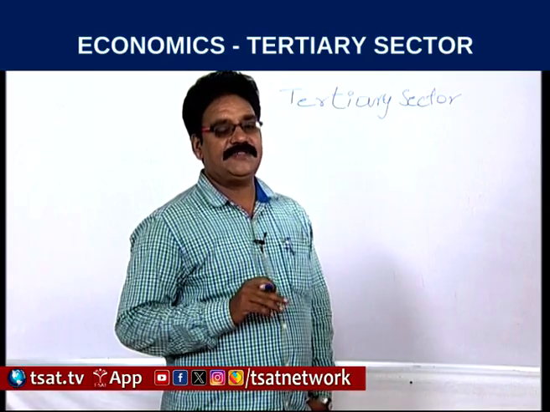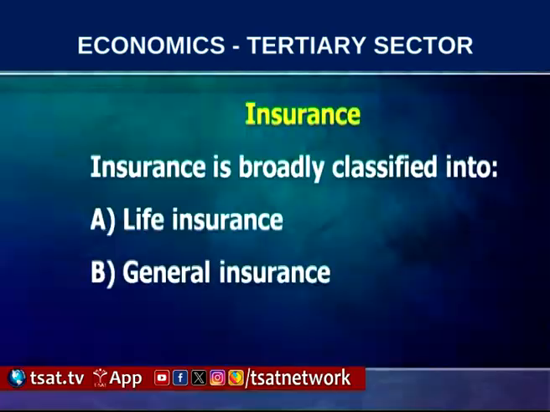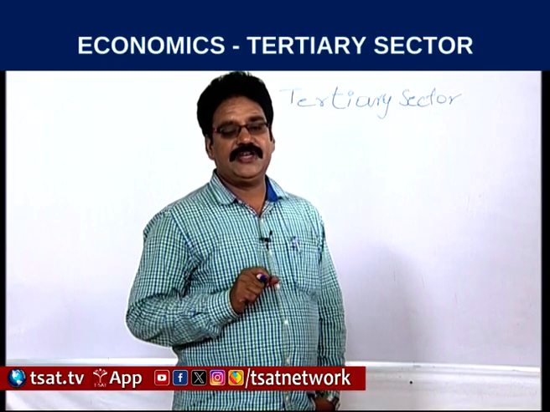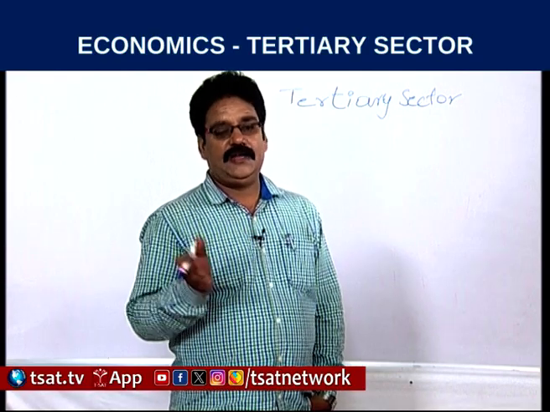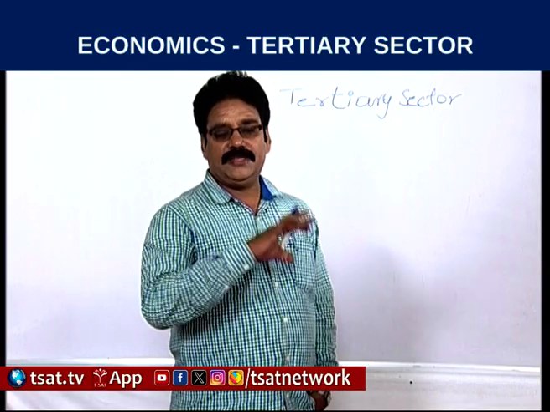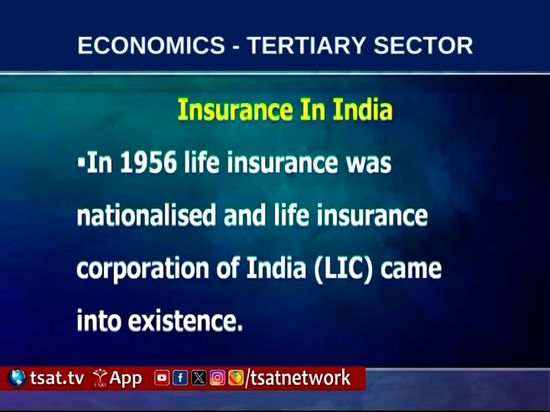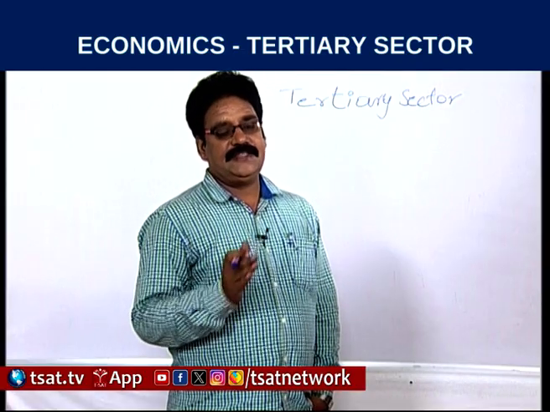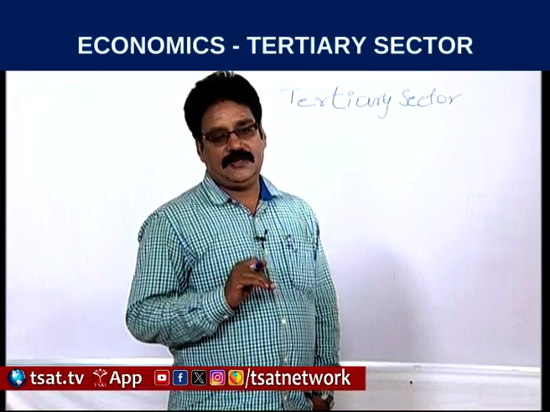Insurance is broadly classified into two types. One is life insurance, another one is general insurance. Life insurance is the organization which was established in 1956. Earlier, small insurance companies existed, and by nationalizing them, one was established under the name of Life Insurance Corporation in 1956, and from then onwards life insurance is continuing under the one name.